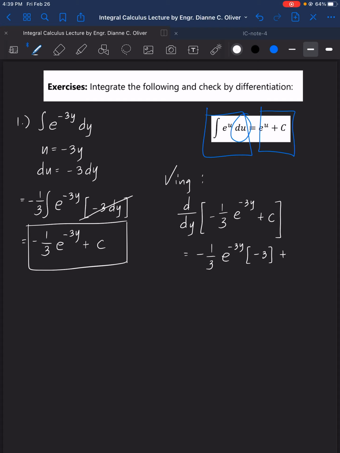Then the derivative of the constant c is 0. So this is now equal to e raised to negative 3y. Since it is the same as the given, this answer is correct. So that's for number 1.